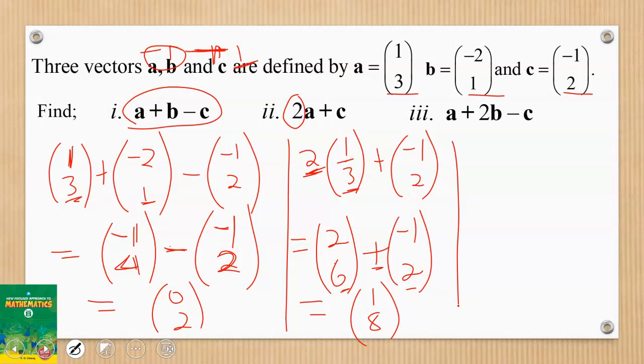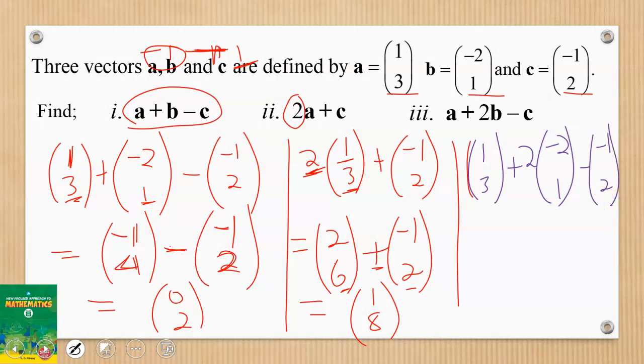Then finally we have A again, (1, 3), plus 2 times B, where B is (-2, 1), minus C, which is (-1, 2). In simplifying this, I'll keep my (1, 3), and then I multiply the scalar 2 to B, giving (-4, 2), then minus (-1, 2).